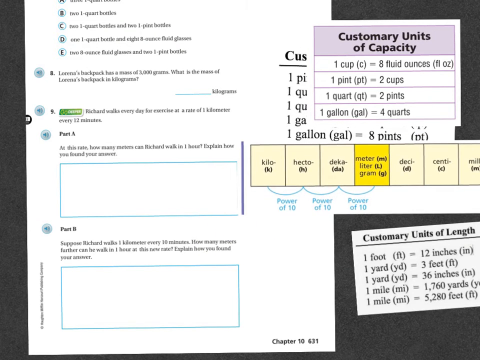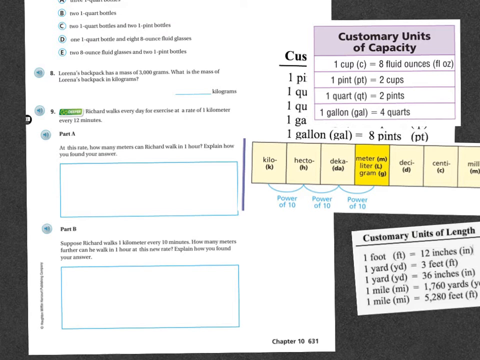And again, you're going to be using this because they're referring to kilometers. And you also got to know that in 1 hour, there's 60 minutes. And every 12 minutes in that hour, he's walking a rate of 1 kilometer. So within that 12 minutes, he's walked 1 kilometer.